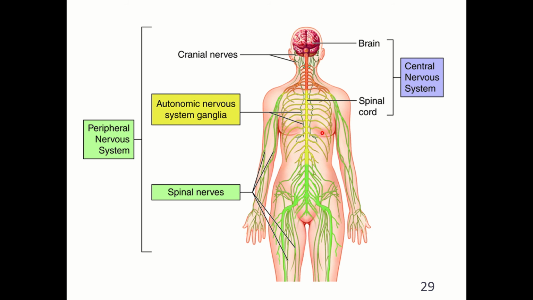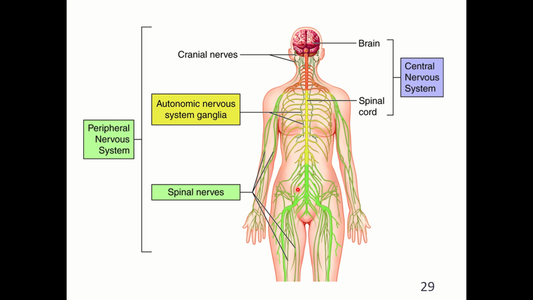Notice that there is no somatic nerve plexus in the thoracic area or region. These anterior rami will correspond to the intercostal muscles that move the rib cage.